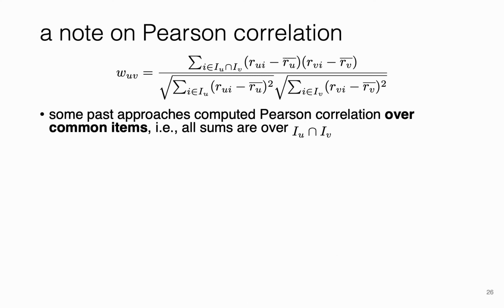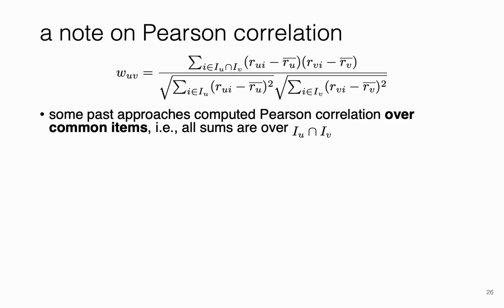We make a small note on the formula we used for the PCC. This formula contains a slight change from what the definition of Pearson correlation is. Normally, you would consider the common rated items both in the numerator and in the denominator. However, there's a bunch of problems when using the common items to normalize in the denominator.